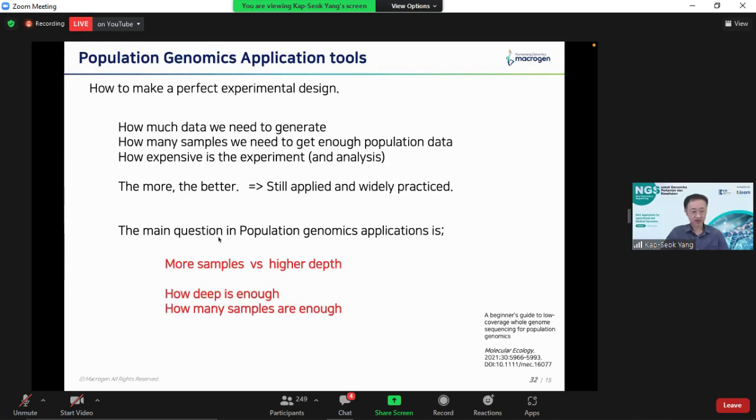But the main question for the population genomics approach is: more samples or higher depth? And how deep is enough and how many samples are enough? The next few slides are the tests they had done to answer these questions.